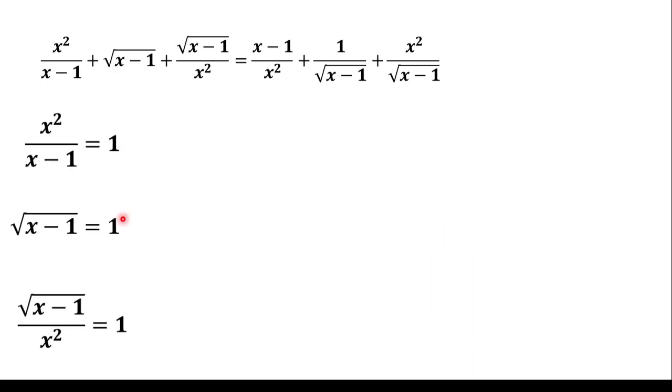Now we have three equations, and we need to solve these equations. The first equation, we can multiply both sides by x minus 1. Notice that x cannot be equal to 1. So in this radical, x should be greater than 1.